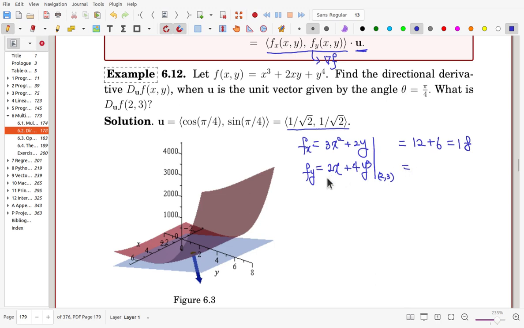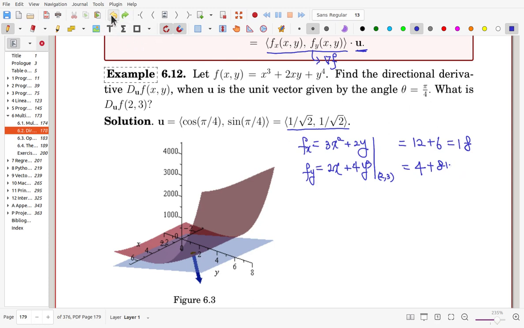Now for f sub y, x equal 2 gives 4, and y equal 3 gives 4 times 3 cubed, which is 27.